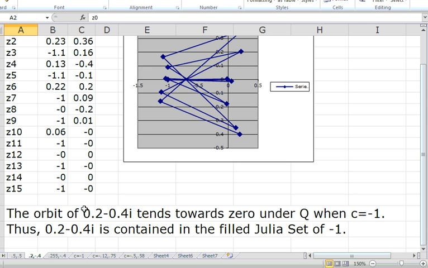It says negative 2, I know. That's because it estimates. The orbit of point 2 minus point 4 i tends towards 0 on the cube and c equals negative 1.